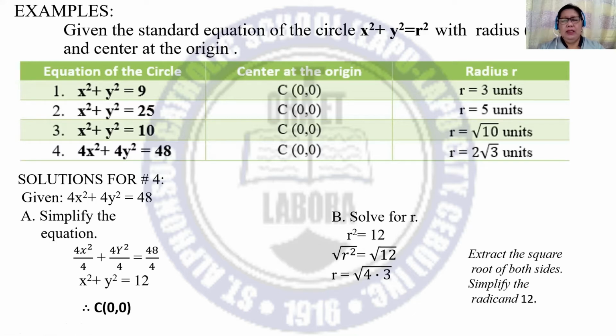Then simplify the radicand, then we have r is equal to the square root of 4 times 3. Then we can separate square root of 4 times square root of 3. The square root of 4 is 2, then copy square root of 3. That is why the value of the radius is 2 times the square root of 3.